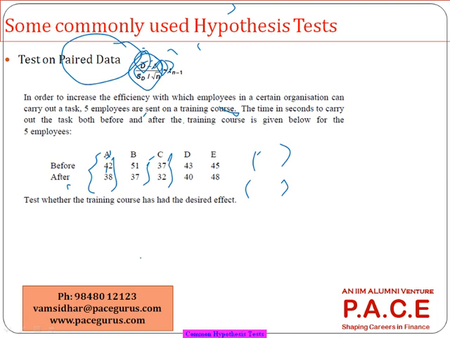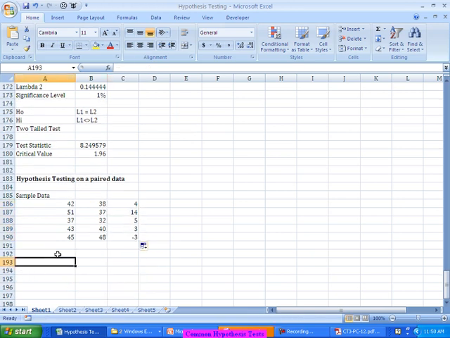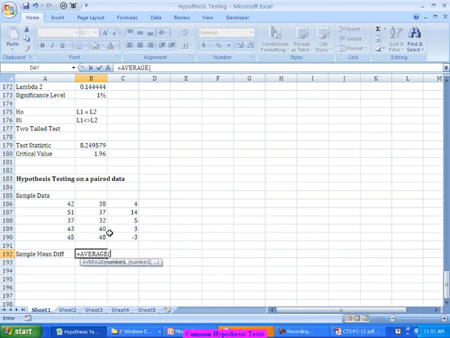So it's a pair. For that, what we typically do is at each of the individual layers, before and after, we will find out the difference. And we'll now find out the sample mean difference, which comes out as the average of these numbers.